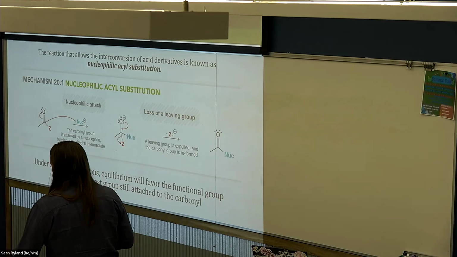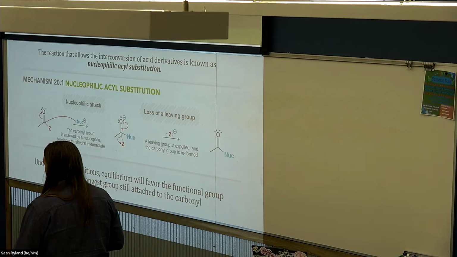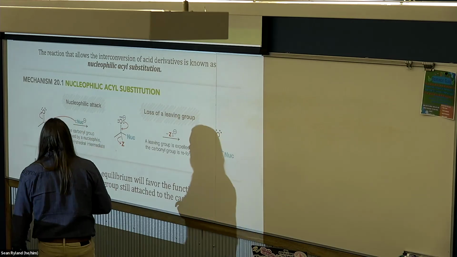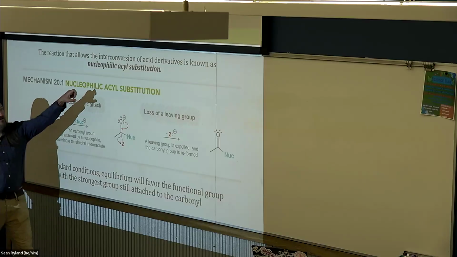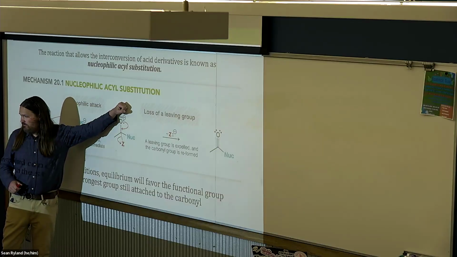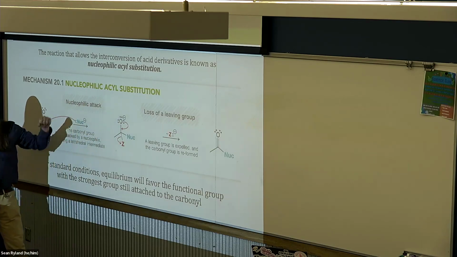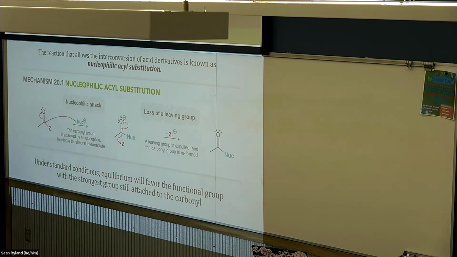There's a lot of different combinations you can make out of those, but they're all going to come back to what we call nucleophilic acyl substitution. As opposed to our class of carbonyls, aldehydes and ketones, where we had nucleophilic addition. This is nucleophilic substitution instead.